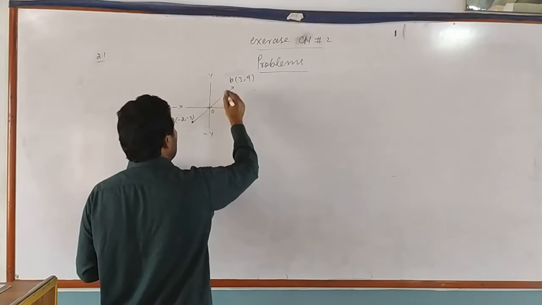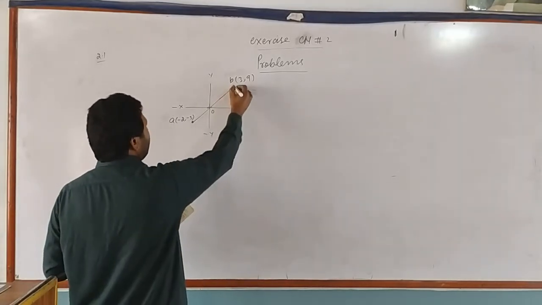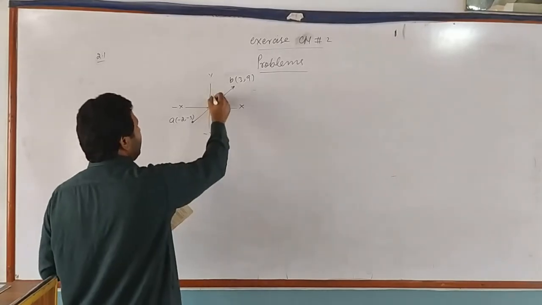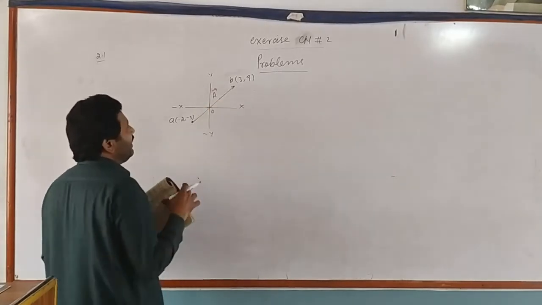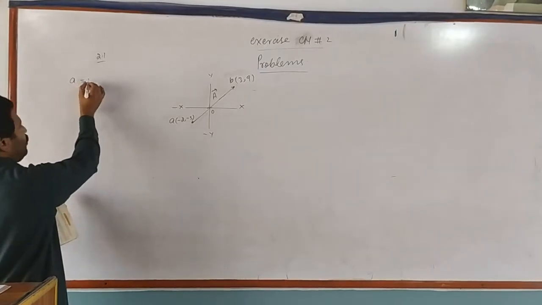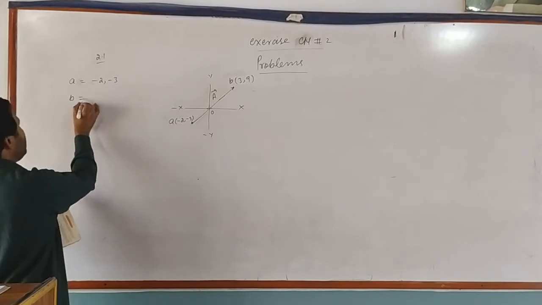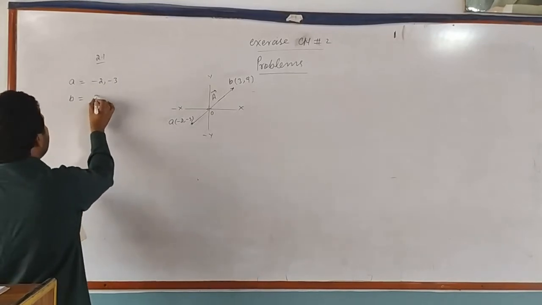As both coordinates are positive, the tip of vector A lies in the first quadrant. Given data is point A is -2, -3 and point B is 3 and 9.